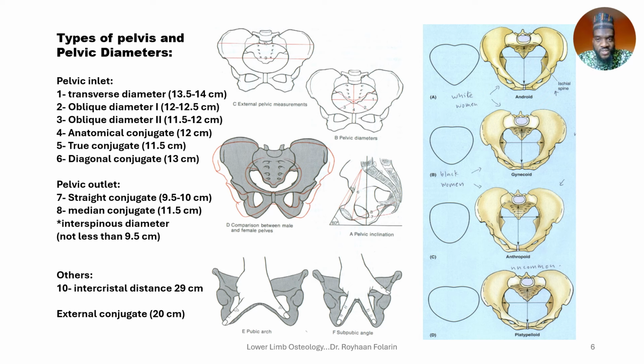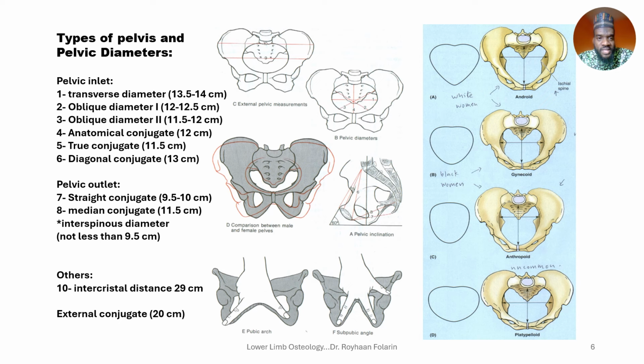The flexibility of this diameter during labor influences how the fetus is going to pass. All right, so that's the straight conjugate. And as for the median conjugate, which usually measures 11.5, it represents the narrowest anterior-posterior distance. It's also represented here.